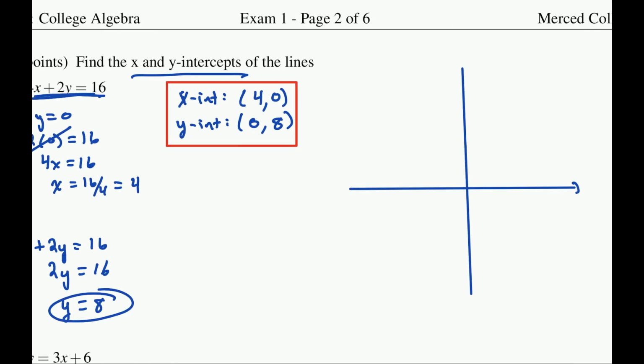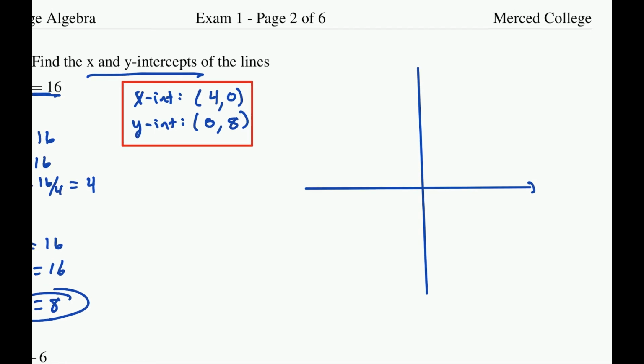It doesn't say to draw these on a graph, but if you did, it would be 1, 2, 3, 4: the point (4, 0). And (0, 8) would be 8 up on the y-axis: 1, 2, 3, 4, 5, 6, 7, 8.